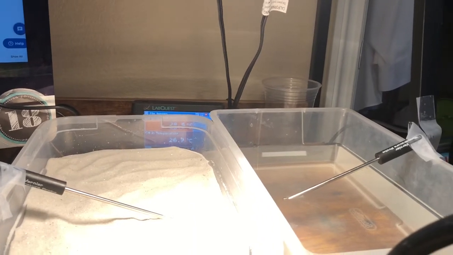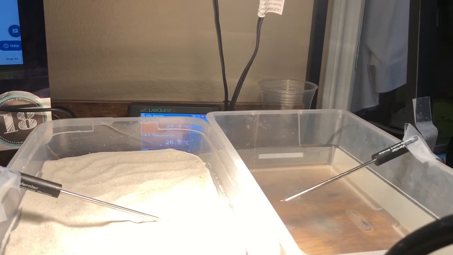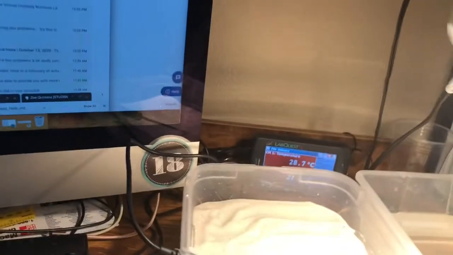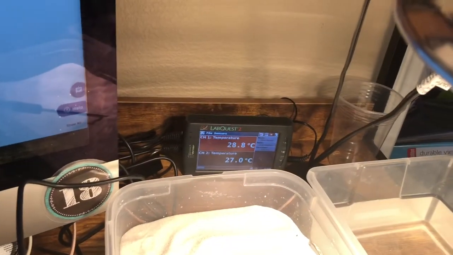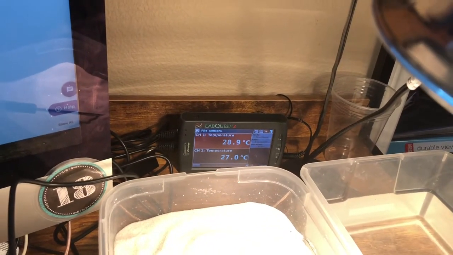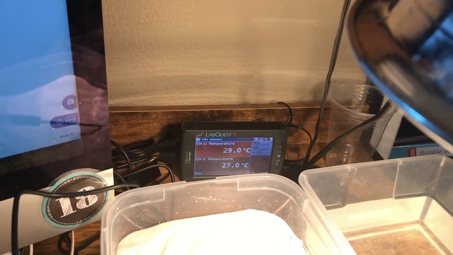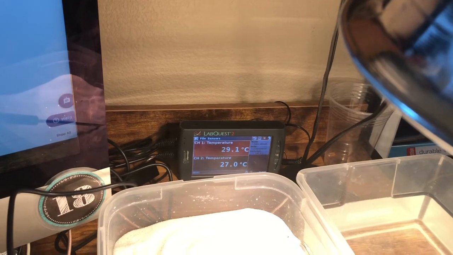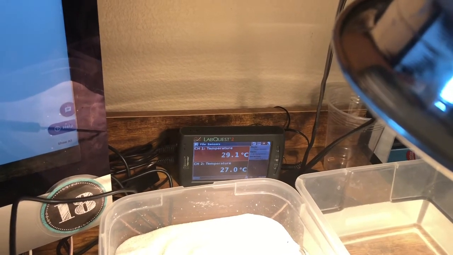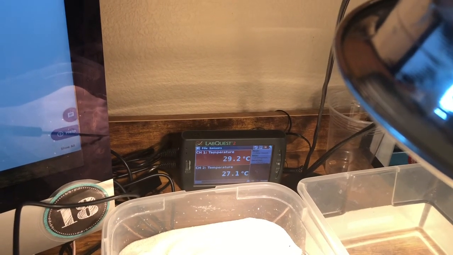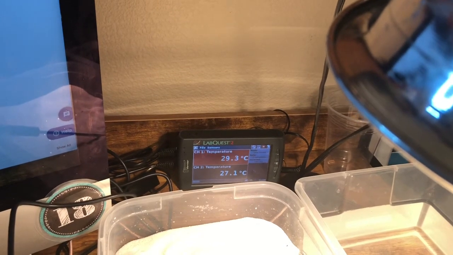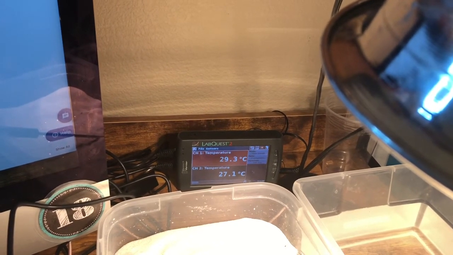I can tell you I'm starting to see a change already. If I look over here at my temperature data, the land, which is in red, is already 2 degrees warmer than the water, which is in that kind of blue on the bottom.